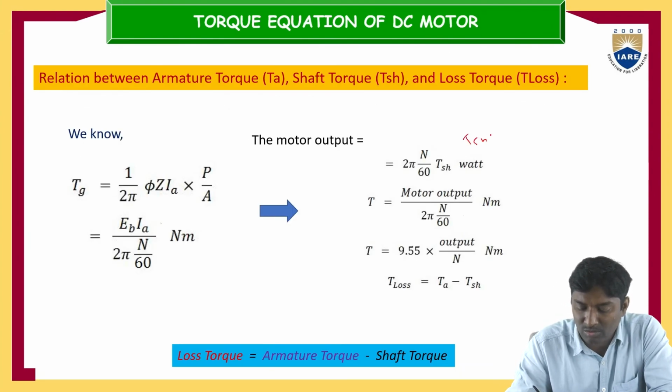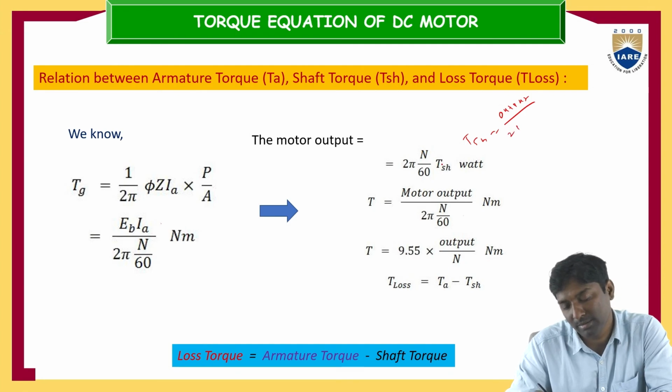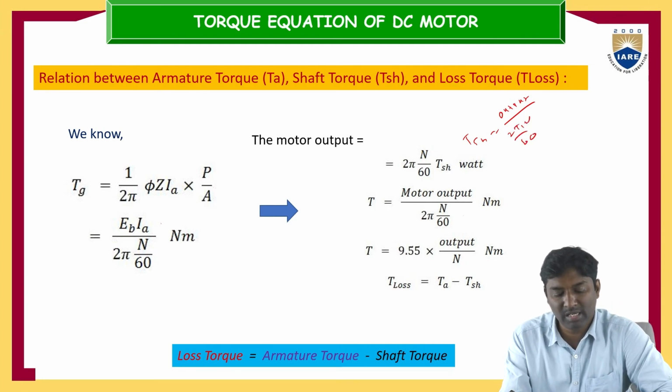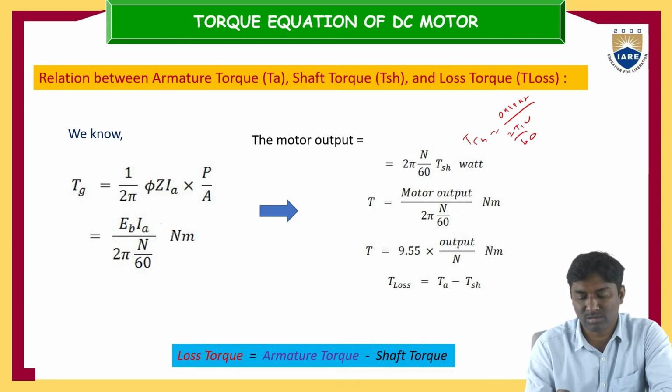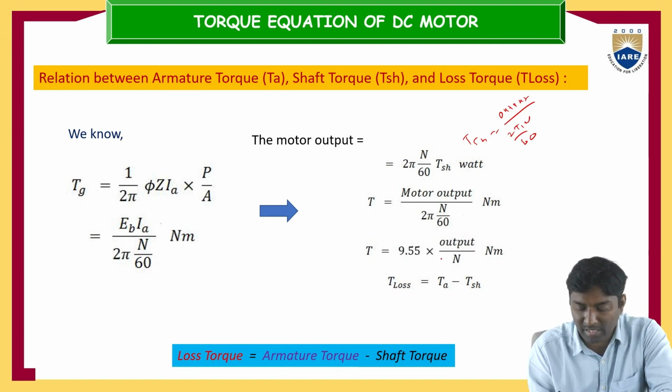Tsh is equal to motor output divided by 2 pi N by 60. This is the torque. Then motor output, I am writing here, 9.55 into output by N.